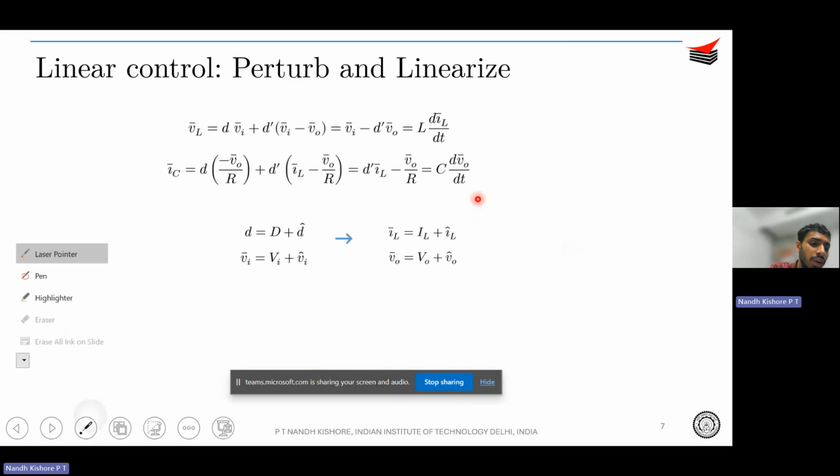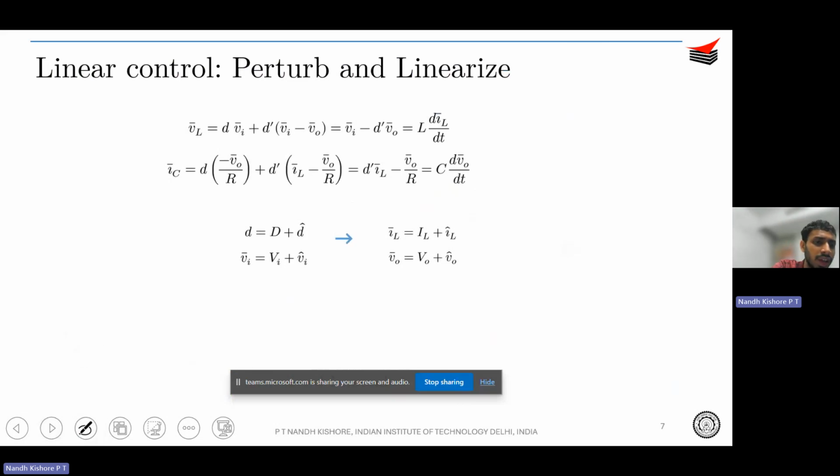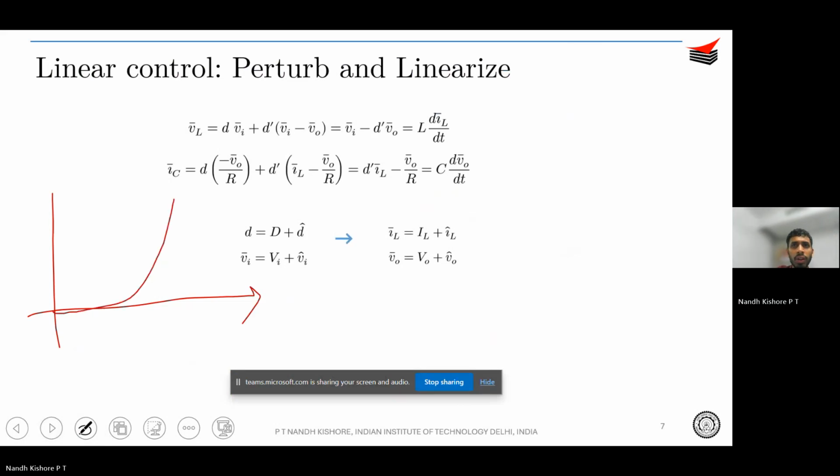Without going into perturbation, let's take your diode. Your diode characteristic is something like this, right? In order to tell that this particular slope is linear, let's say this is your operating point.